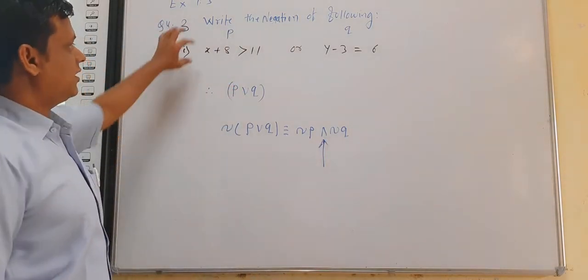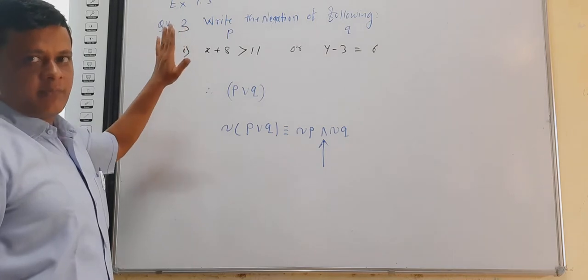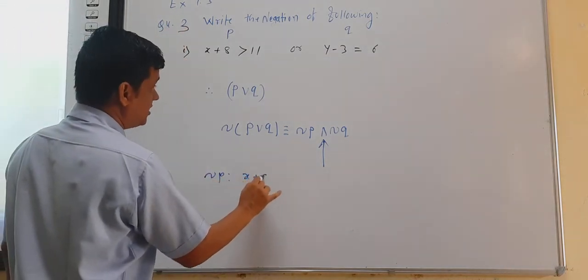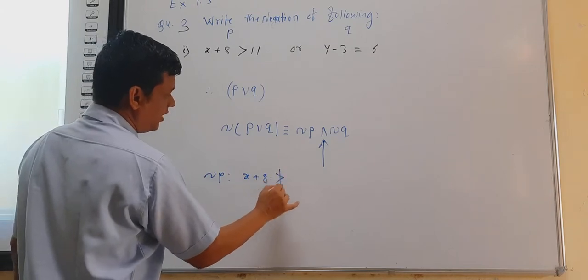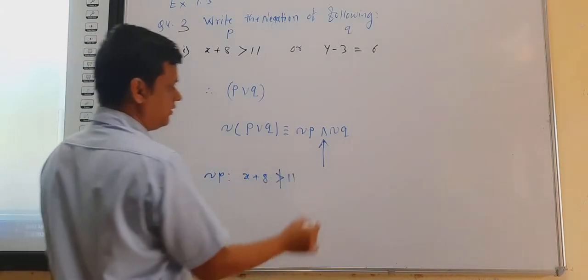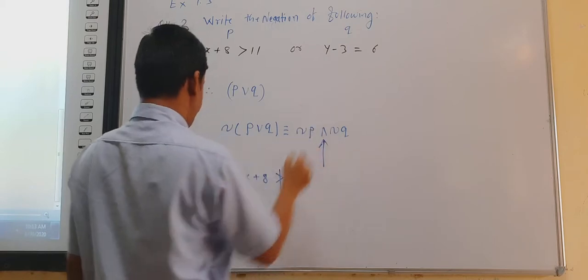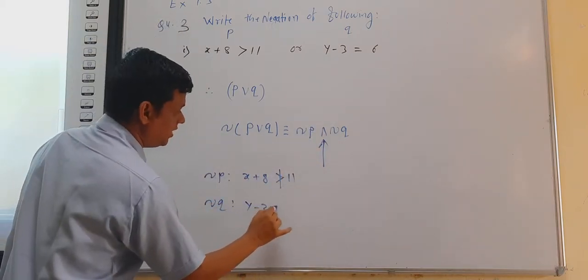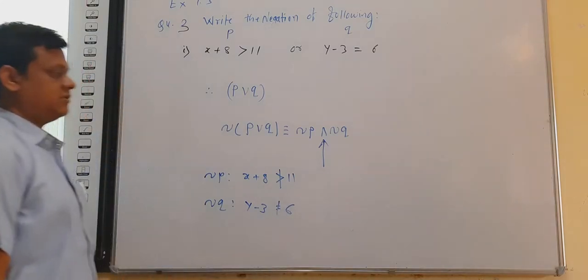So we write the negation of the given statement first. Negation of P is x plus 8 not greater than 11. Negation of Q, y minus 3 not equal to 6.